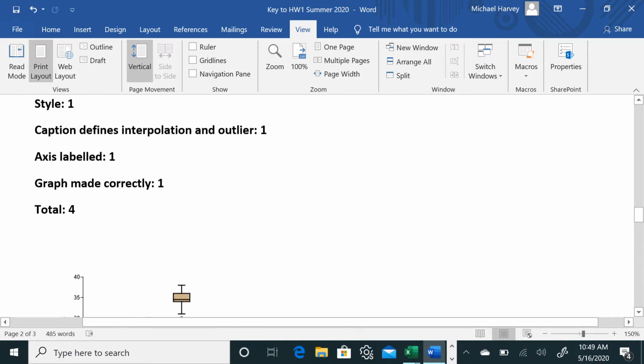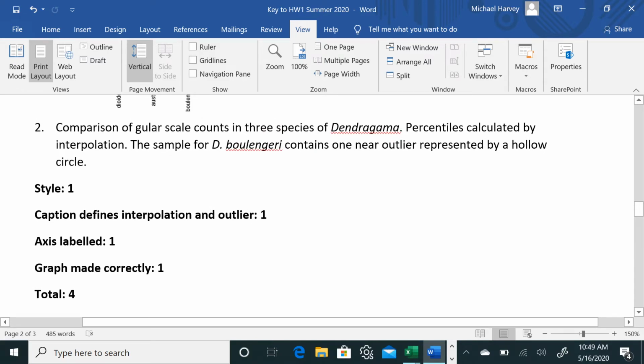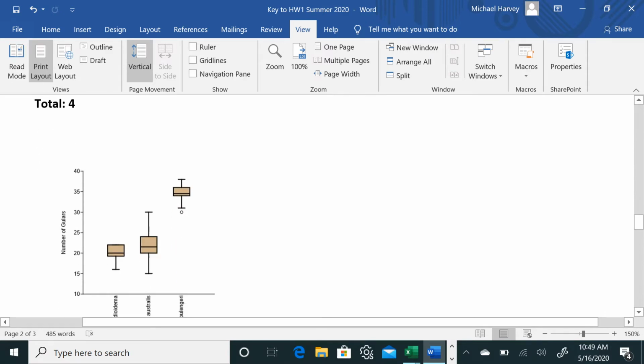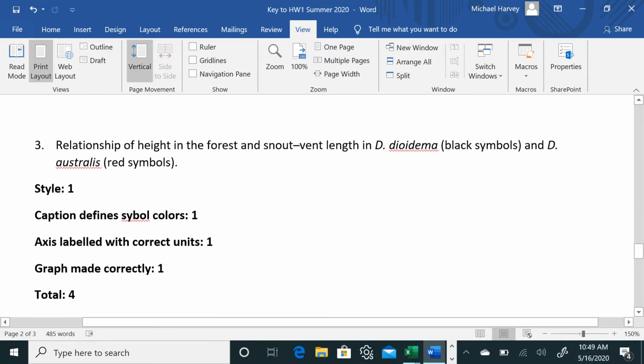Most people did that. So then in the caption, we could say, the percentiles are calculated by interpolation. The sample for Dendrogama belongeri contains one near outlier represented by a hollow circle. Or you could put the circle in parentheses if you could make that little symbol. Some people did that.